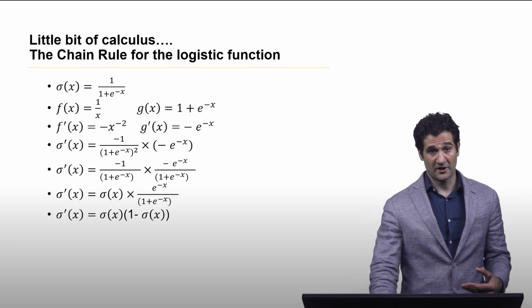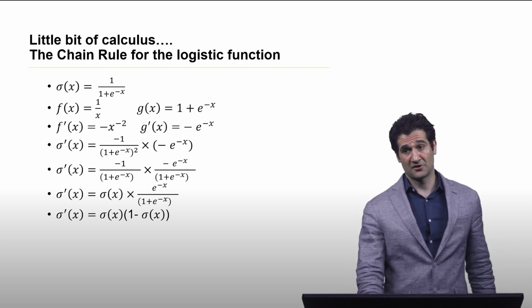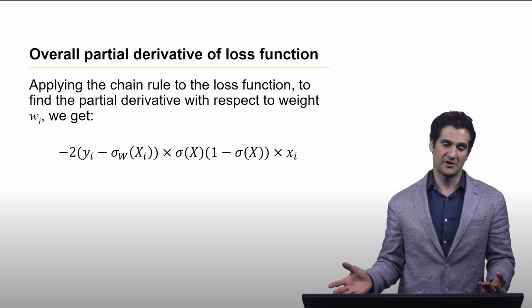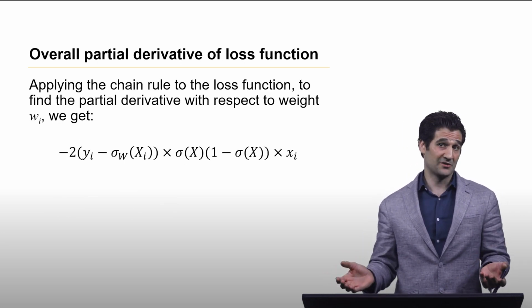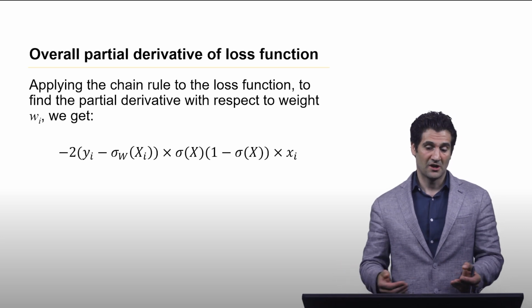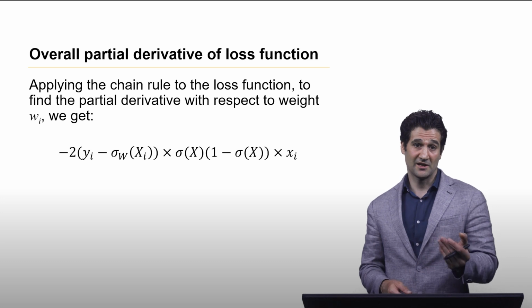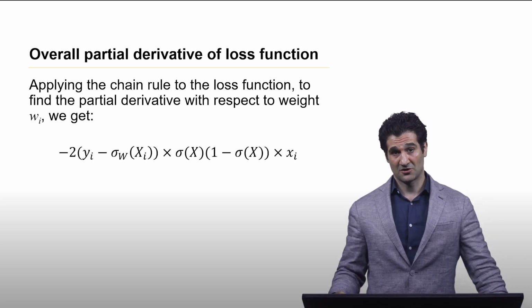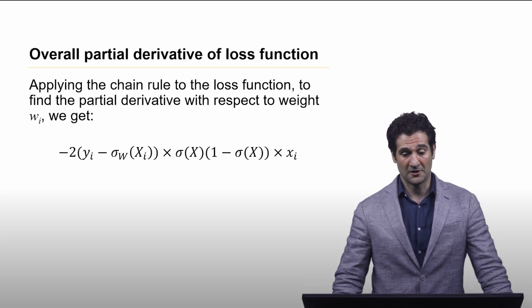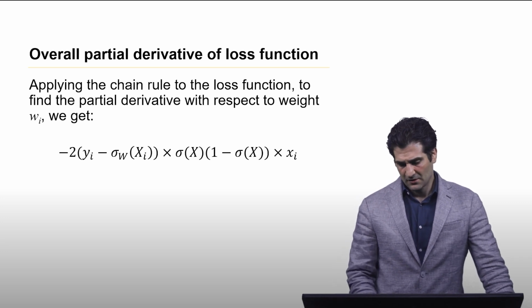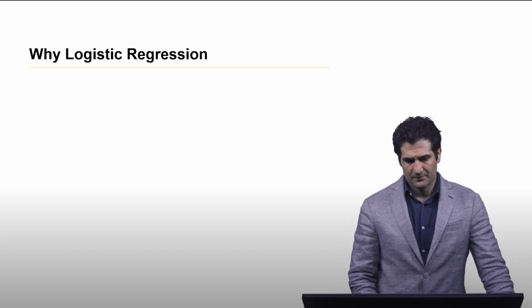Using the chain rule again, we can now solve for the whole derivative of the loss function, and then we end up with this. Now this is what we're going to use throughout gradient descent to update the gradient as we do each iteration, just like what we had with linear regression.